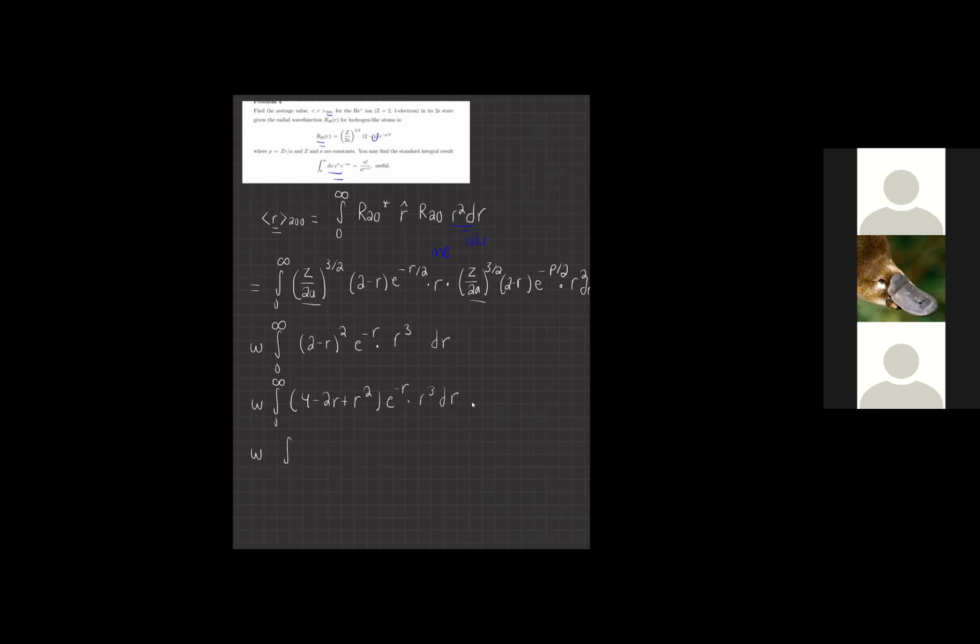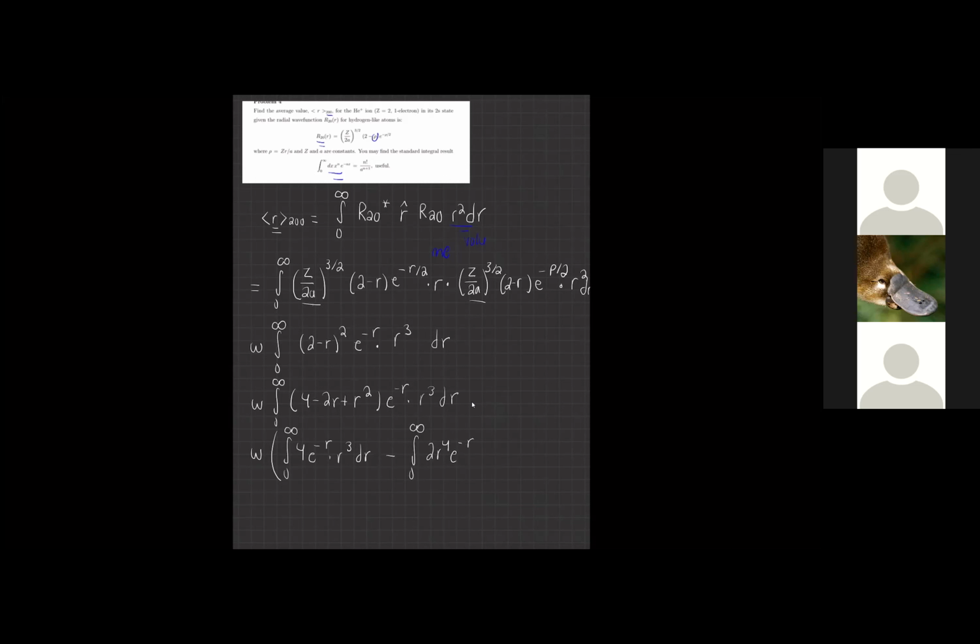So it's going to be 0 to infinity times 4 e to the negative r times r to the third dr, minus 0 to infinity 2r to the fourth, I believe, times e to the negative r.